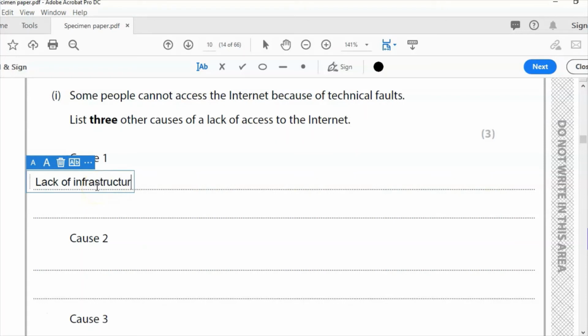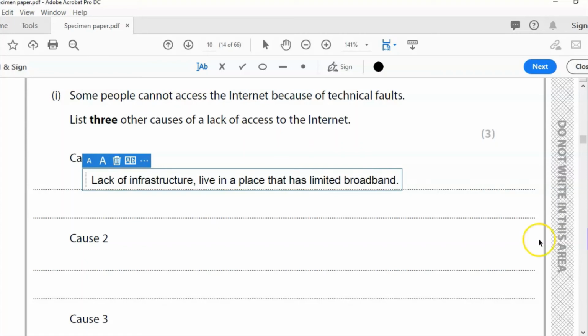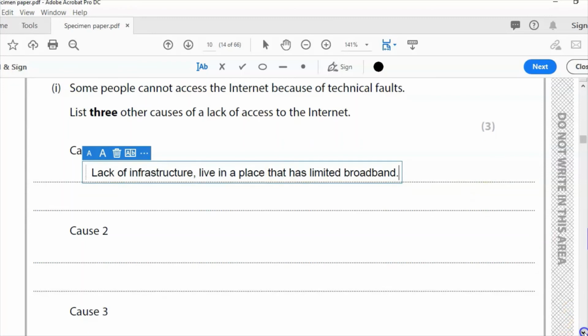So lack of infrastructure. They live in a place that has limited broadband, for example. Or because of political reasons, their internet is restricted. It's the type of country they live in.